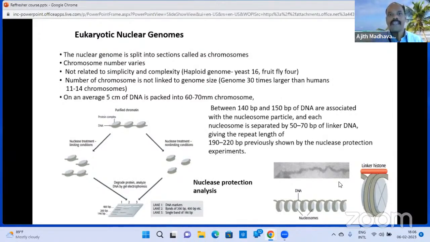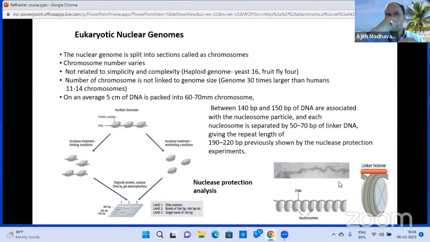So the naked DNA is actually wound around a protein cylinder. The protein cylinder is an octameric protein. Octamer meaning it is made up of 8 proteins, and the protein is called a histone. Around the histone, the first level of condensation happens.